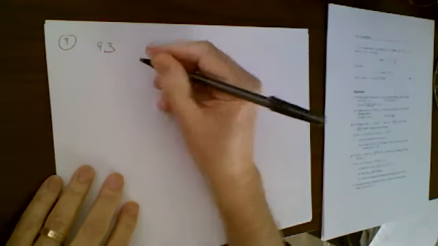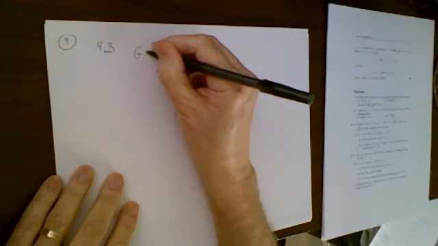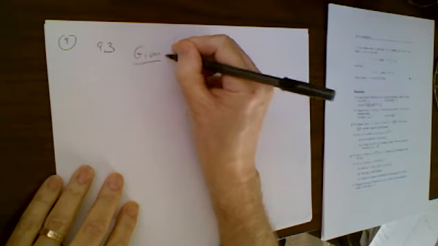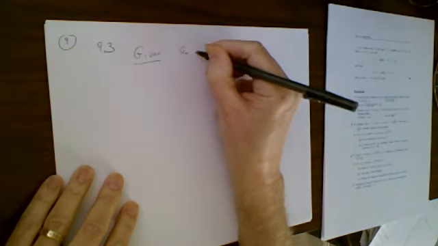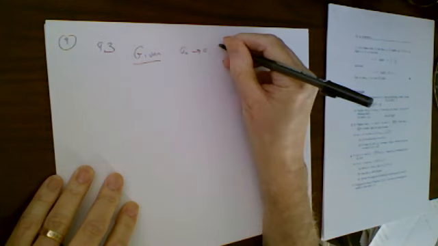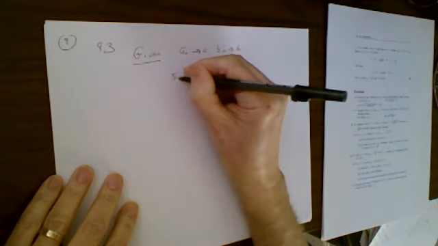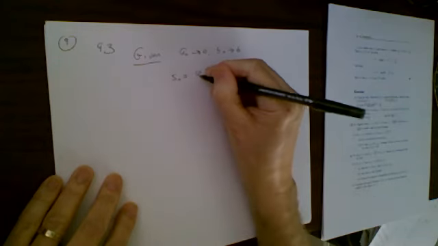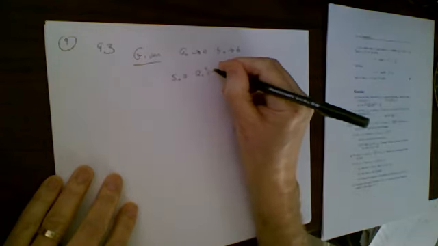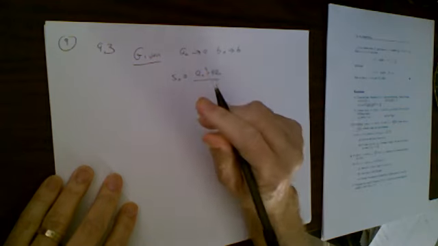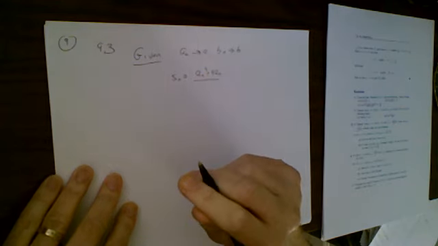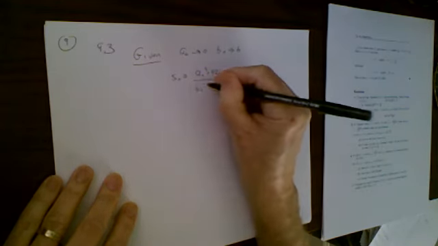Let's play with it. Okay, so we're given the a sub n's converge to a, the b sub n's converge to b. The sequence s sub n is defined as a sub n cubed plus 4a sub n over b sub n squared plus 1.